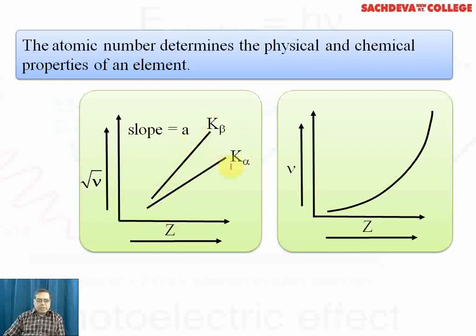As the atomic number for the K beta line goes on increasing, we find that the square root of frequency also increases. The same statement we can give for K alpha lines. But in the second graph, the right hand side graph, we find that as Z is increasing and reaches a peak value, the frequency also reaches a peak value.